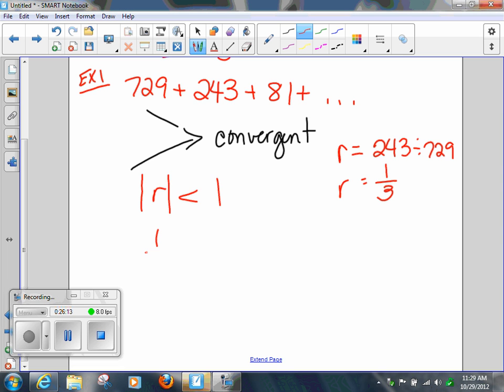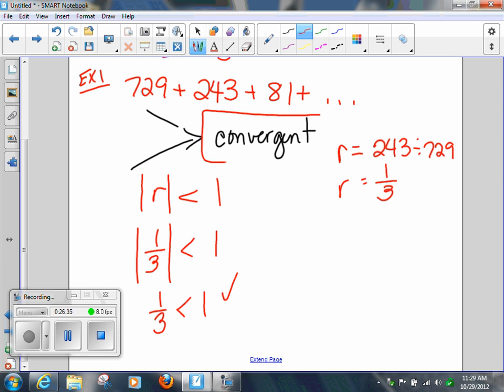What's the absolute value of 1/3? Is that true? Is 1/3 less than 1? Yes. So did we just verify that this is a convergent series? Yes, hallelujah. Okay.